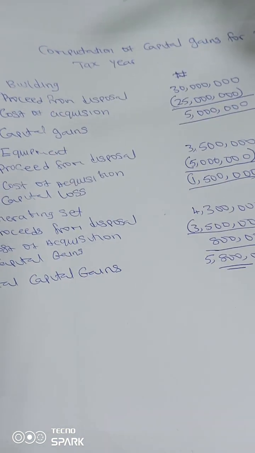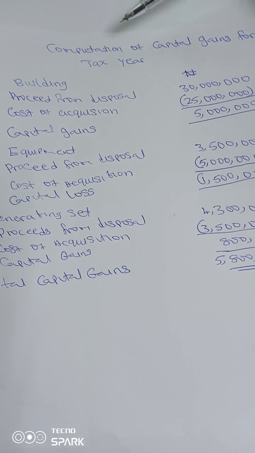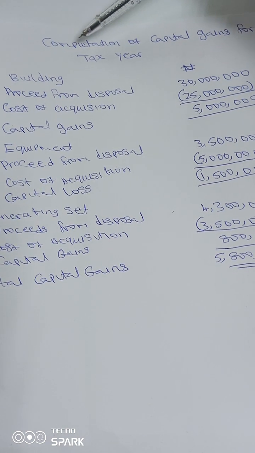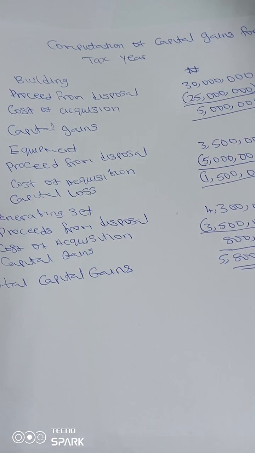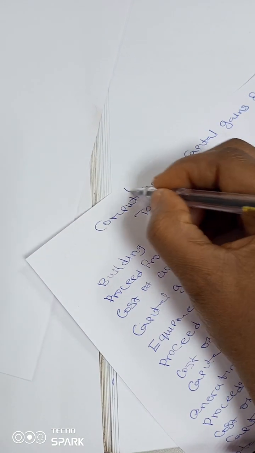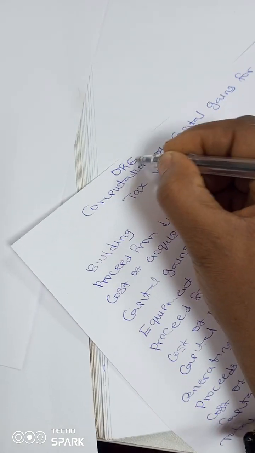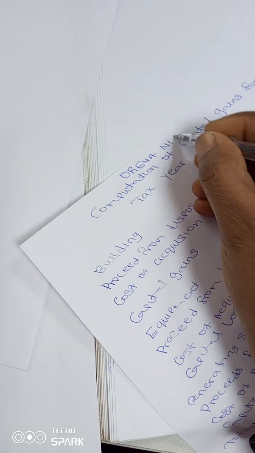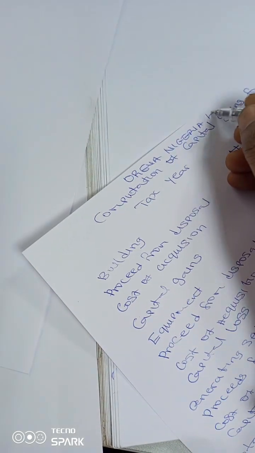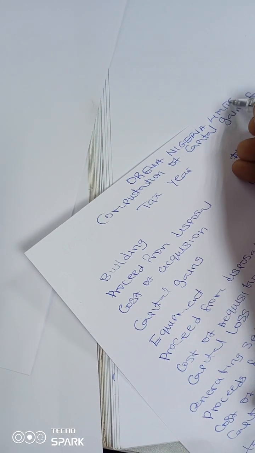Okay, so when you are making your heading here, you're supposed to put the company name that is in the question. Let me say, for example, it's Oreva Nigeria Limited.